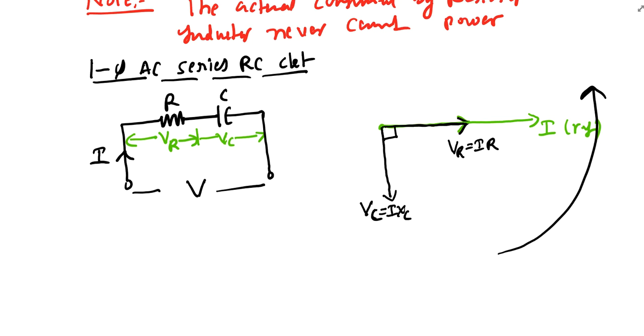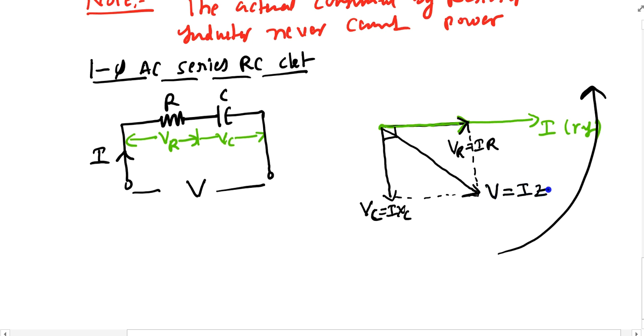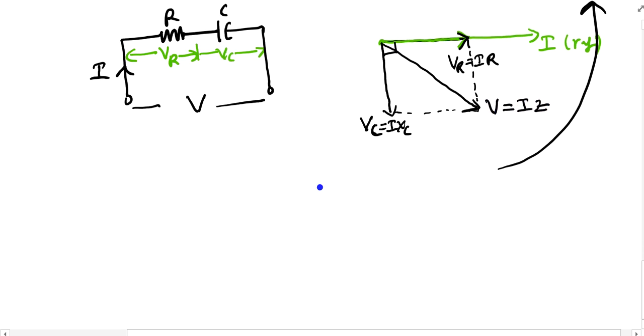Now if you add these two vectors, the Vr vector and the Vc vector, it gives us the supply voltage V, which is I into Z. This is the information we get from this vector diagram.